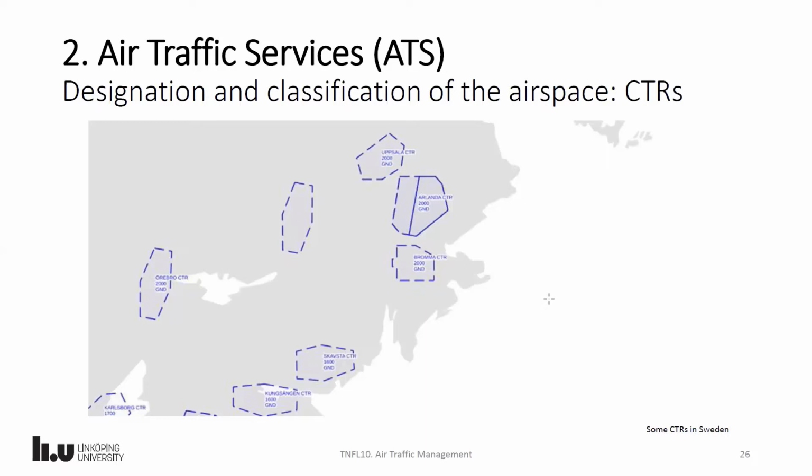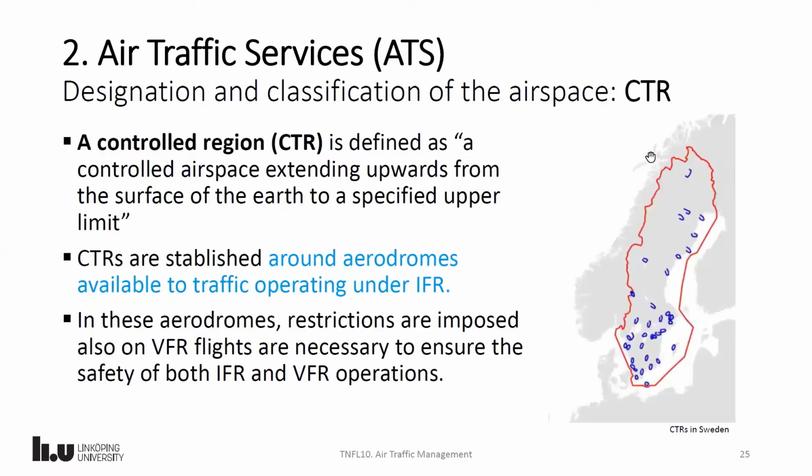But basically what I want you to remember is that we have different regions of controlled airspace, and we have these smaller ones around airports that are very busy. This is not all airports in Sweden, just those that are important to control the VFR flights.